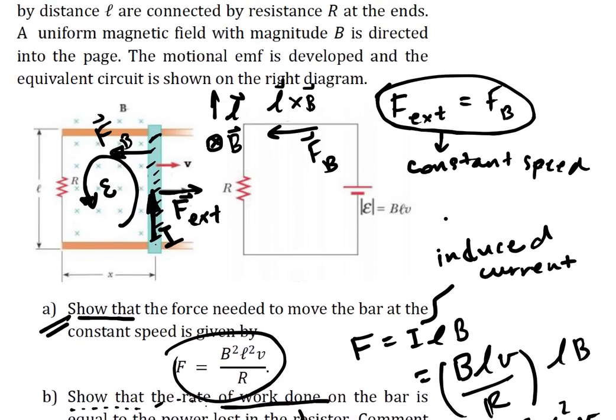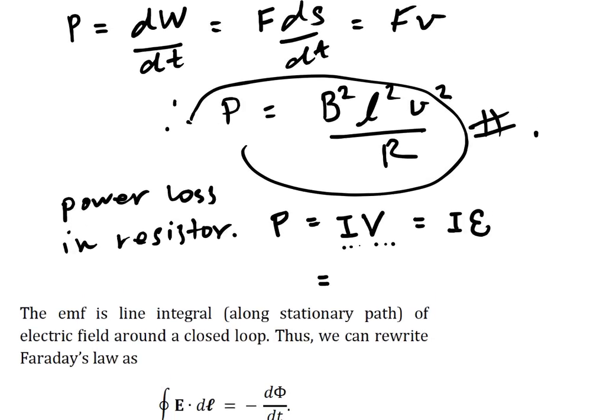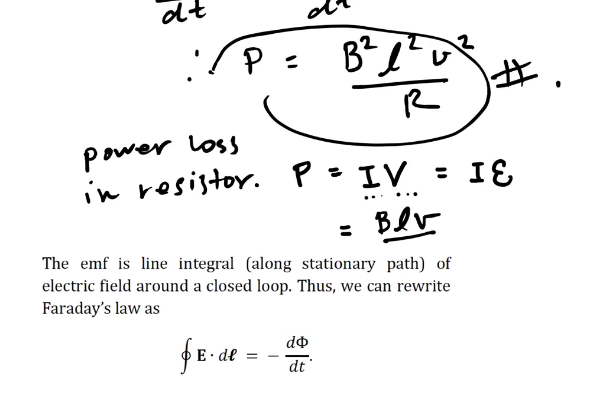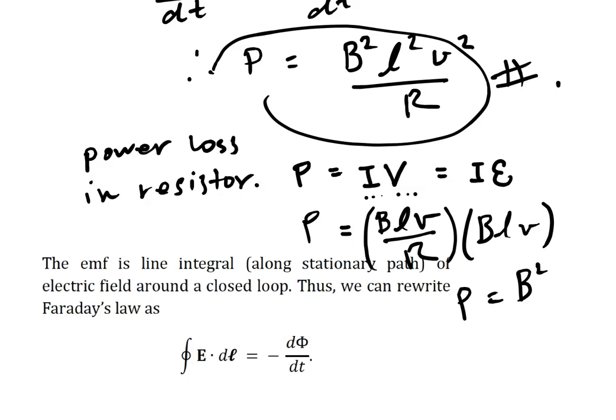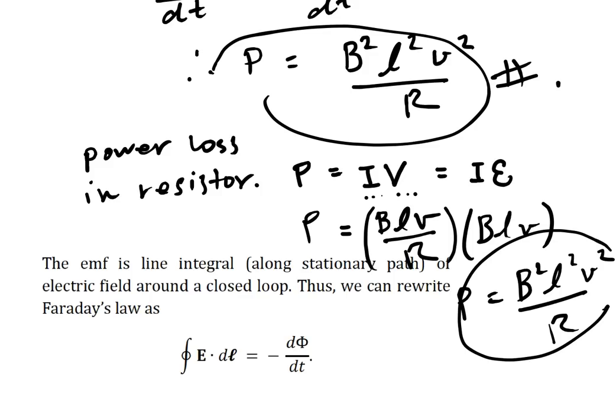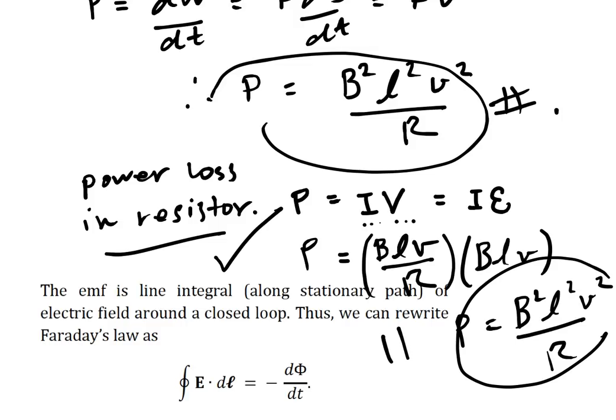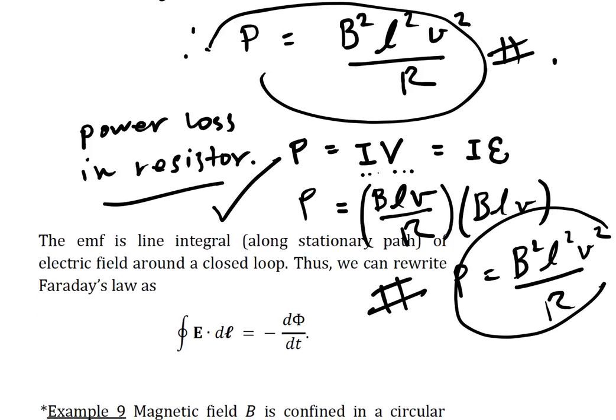So the current I is BLV over R, times the induced EMF BLV. Hence you get the power of B squared L squared V squared over R. So you can conclude that the rate of work done is equal to the power loss in the resistor. And that concludes example 8.